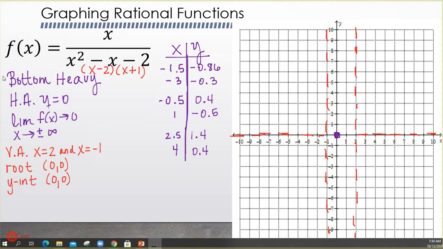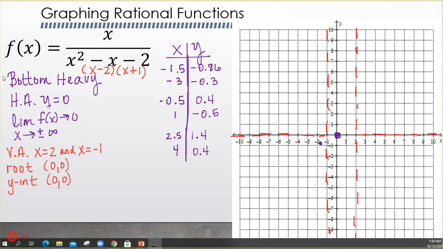So we have something like this. And because of the asymptotes, this graph really can't do anything except go straight out as it approaches 0, and then it's going to go straight down as it approaches the vertical asymptote at x equals negative 1.